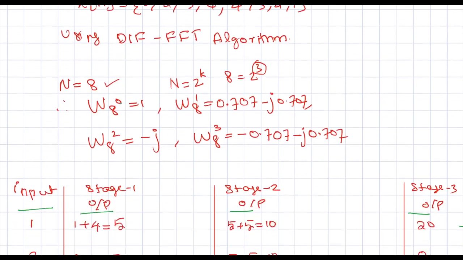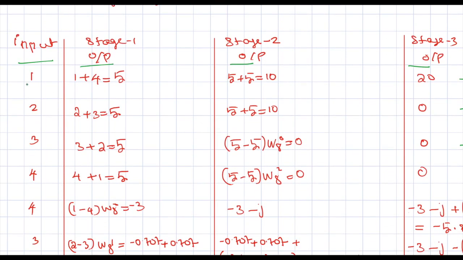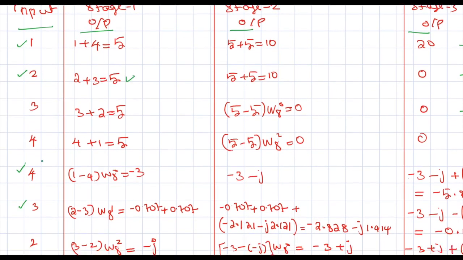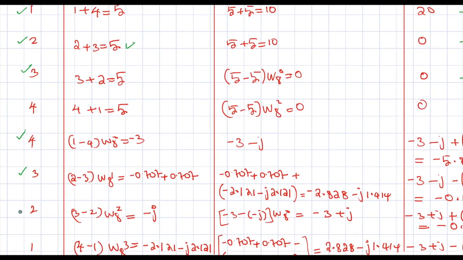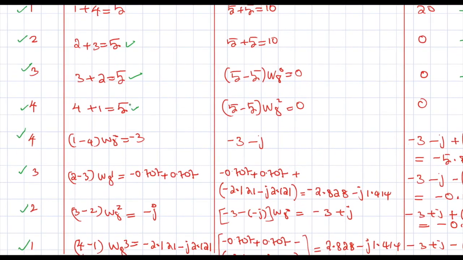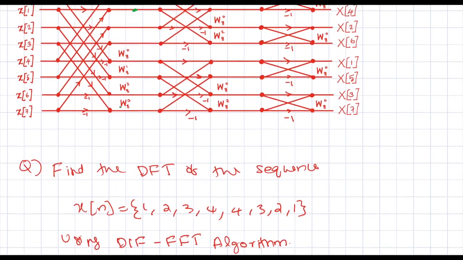Those are the first four values. So you add 1 plus 4 to get 5, then 2 plus 3 to get 5, then 3 plus 2 to get 5, and then 4 plus 1 to get 5. That is the first four values.